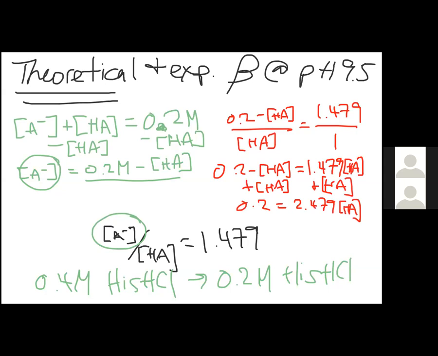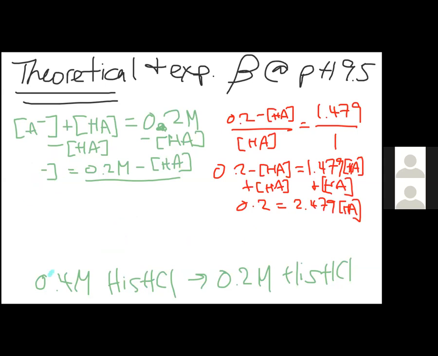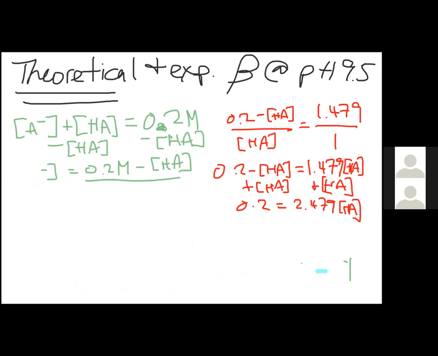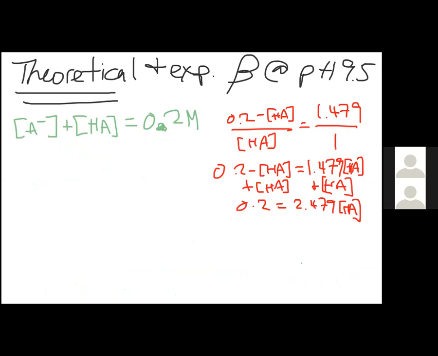Now, what I don't need anymore is this. Keep that bottom part. Actually, I'll also erase that, and I'll get rid of this here. Then this will give me the concentration of the acid when I solve for this variable.